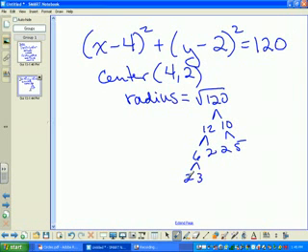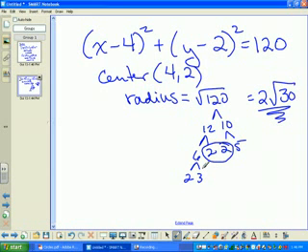And 6 is going to break into a 2 and a 3. I have a pair of what? So that means the 2 is going to go out. And I'm going to be left with the square root of 2 times 3 times 5, 30. So my radius is 2√30. Yes? Okay.